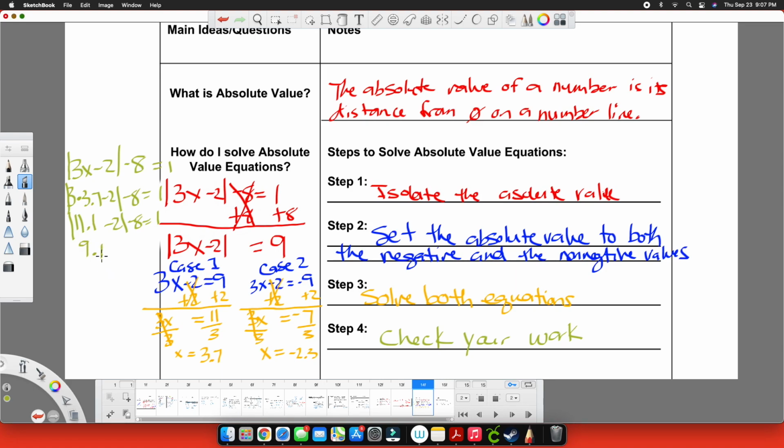It is positive. It doesn't matter if it was positive or negative, we would drop the negative sign. Now we can drop away the absolute value and subtract 8 from that, and that would give me 1.1 equals 1.